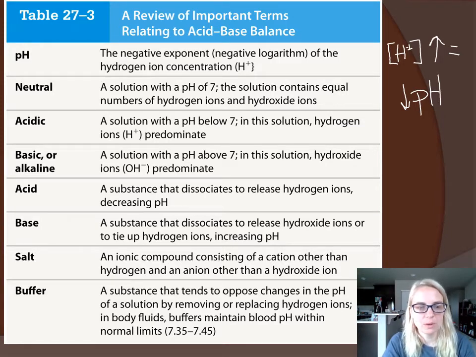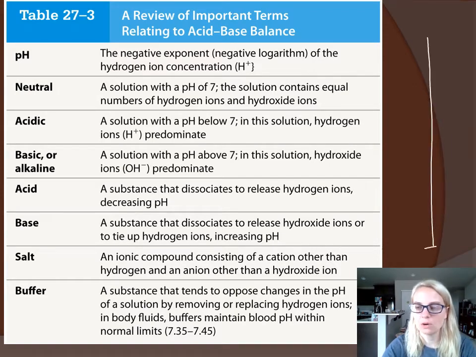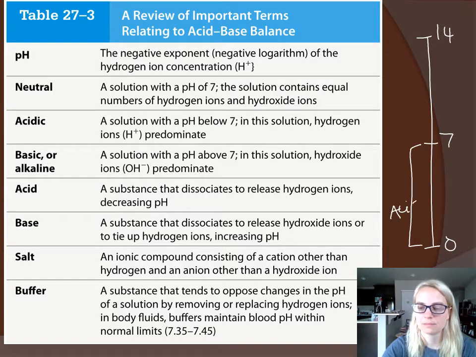So then the next couple terms, neutral, acidic, and alkaline, again, refer to that pH scale. I don't have a lot of room, so I'm going to do a vertical pH scale here. If this is 7, this is 0, and this is 14. Anything in this range is going to be an acid. Anything in this range is going to be a base.